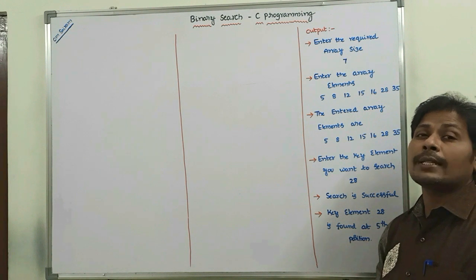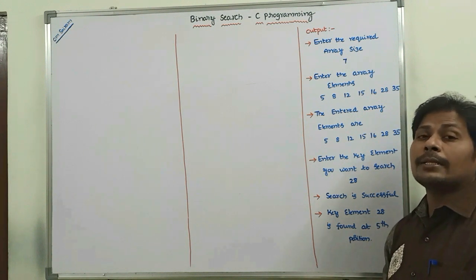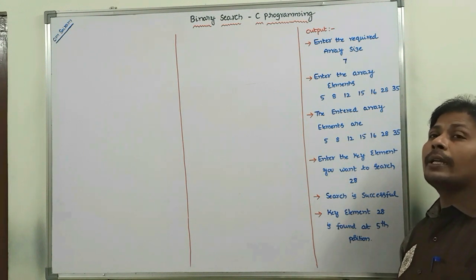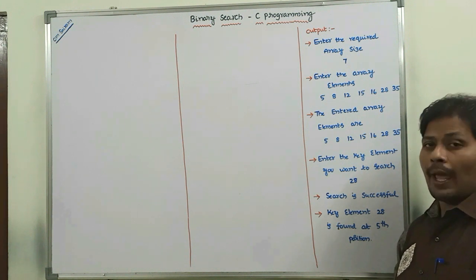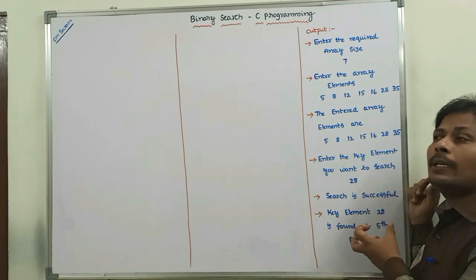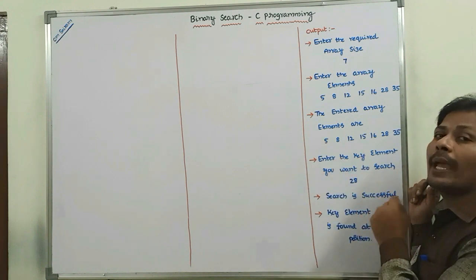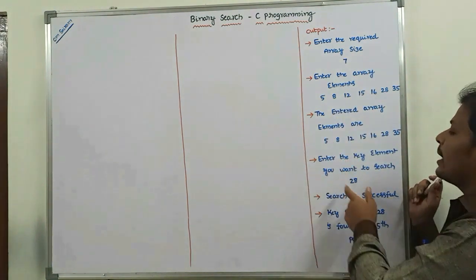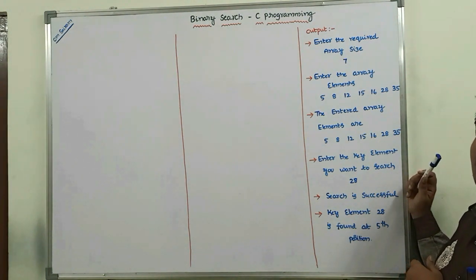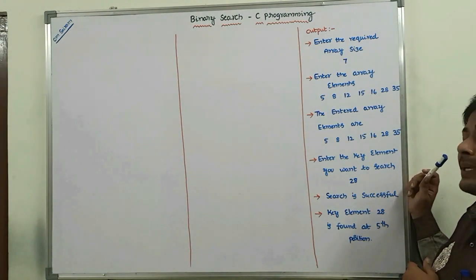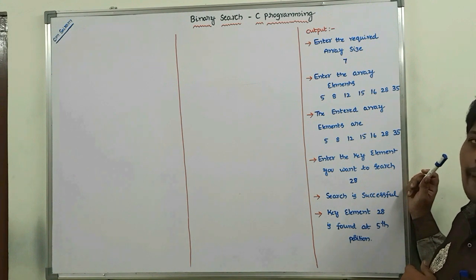Hence we can say that the search is unsuccessful and the key element is not found in the given array. After writing the program, I will explain how this binary search can be done to find out whether the key element is present in the given array or not.